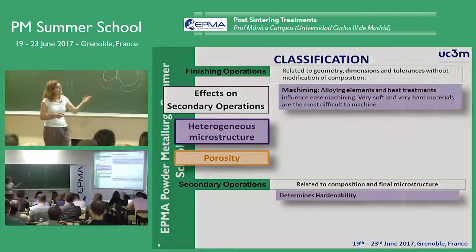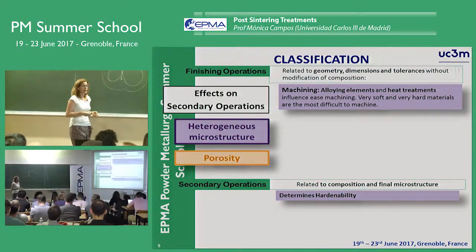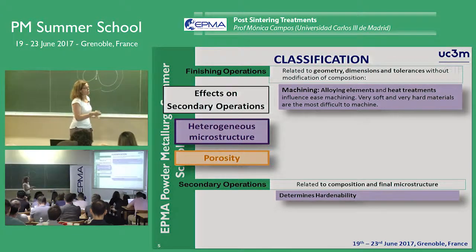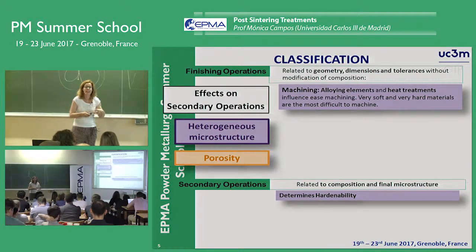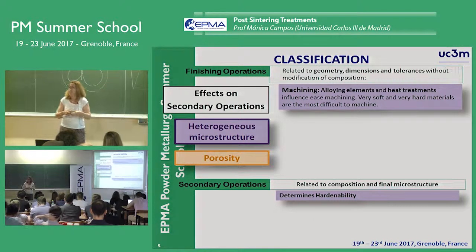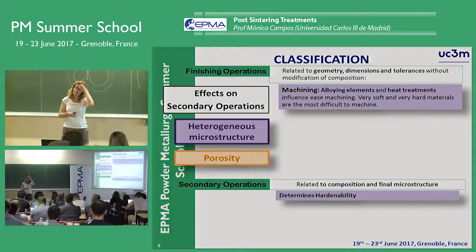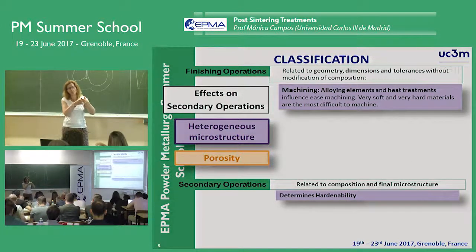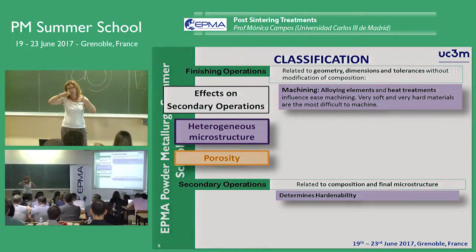In case, for instance, of machining, when we have a heterogeneous microstructure, these alloying elements can affect the local hardness of our component. And machining, you have to take the idea that if we want to machine a PM component, our cutting tool is going to see a porous material, it is not a continuous process.